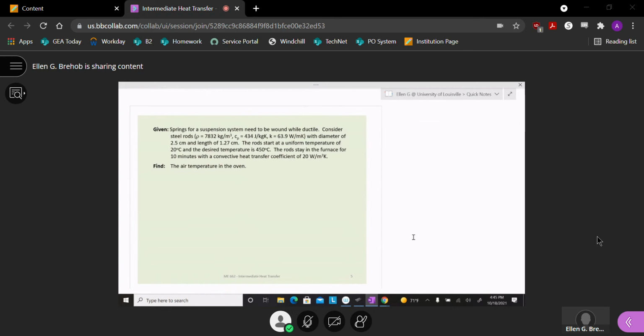The rods start at a uniform temperature of 20 degrees C, so they're cool, kind of room temperature, and desired temperature is 450 degrees C. The rods stay in the furnace for 10 minutes with a convective heat transfer coefficient of 20 watts per meter squared Kelvin. Okay, and we're supposed to find the temperature in the oven. This would be in our symbols a T infinity, so what our free stream temperature is.